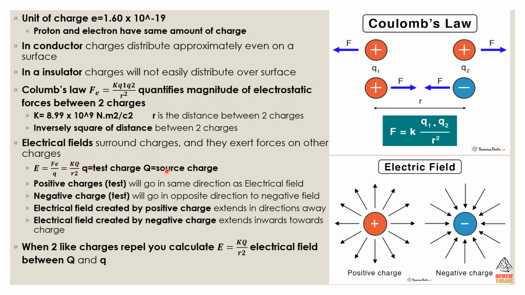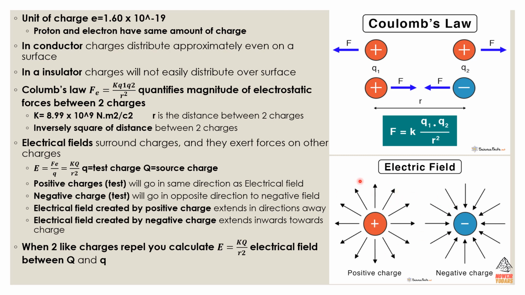Next we've got electrical fields. These surround the charges, and they exert force on other charges. So for instance, you see how a positive charge exerts a force on a negative charge and tries to pull it in.